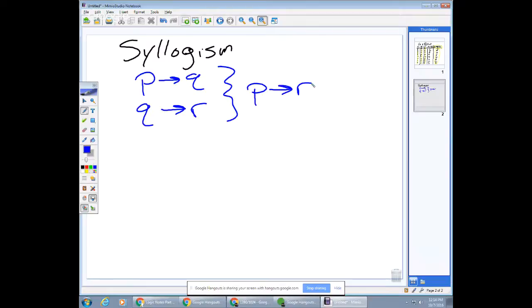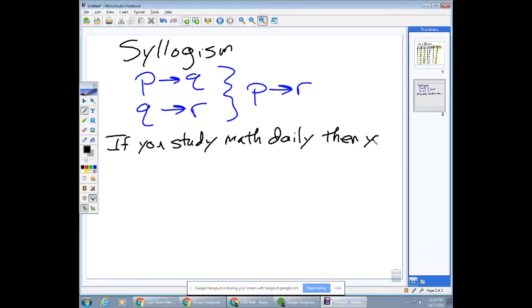So let's see, the example I was thinking about earlier today was, my statement P: if you study math daily, then you will do good math.